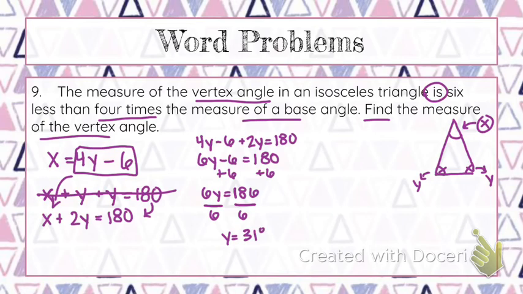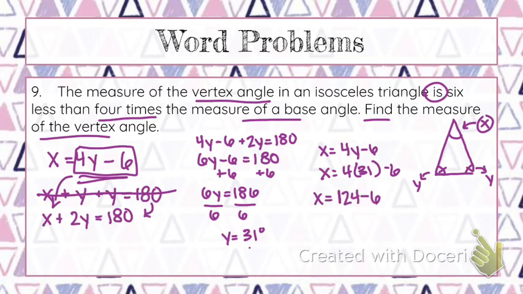And now all we have to do is plug this 31 in to this equation, and that will give us x. So we know that x equals 4y minus 6. So we now know that y equals 31. So 4 times 31 is 124 minus 6. x is going to equal 118 degrees.